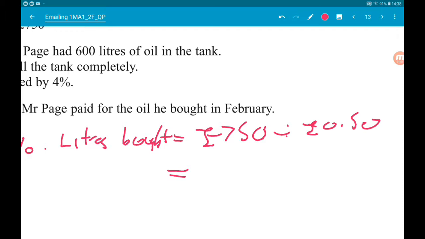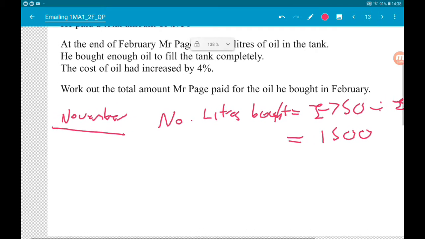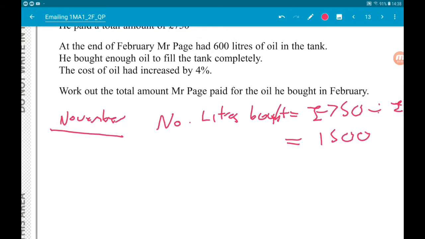Now that is 1,500. So from that, we now know then that the tank capacity is, well, there was already 1,000 litres in there, he's just topped it up with 1,500, so the capacity is 2,500 litres.